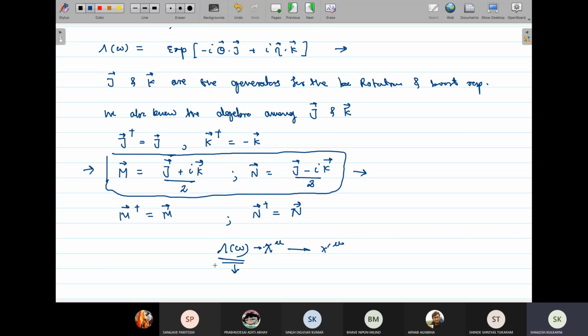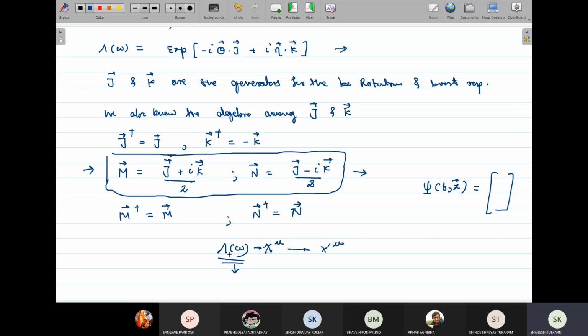But that is not sufficient, because ultimately what I want is how the Dirac spinor, the Dirac four component object, transforms under Lorentz transformation. For that I should know the action of lambda omega on that psi. This is a four component object.